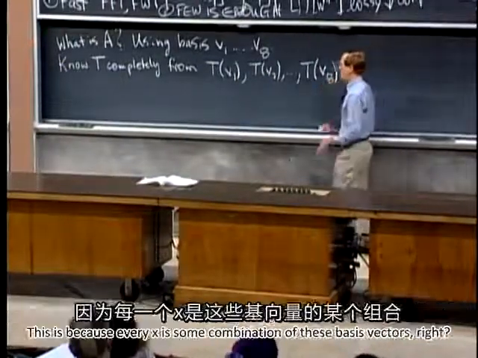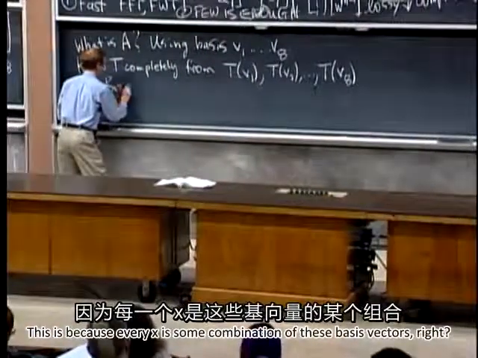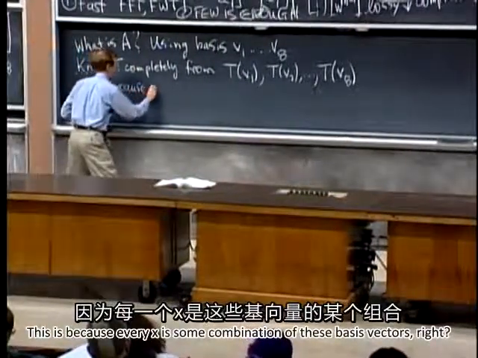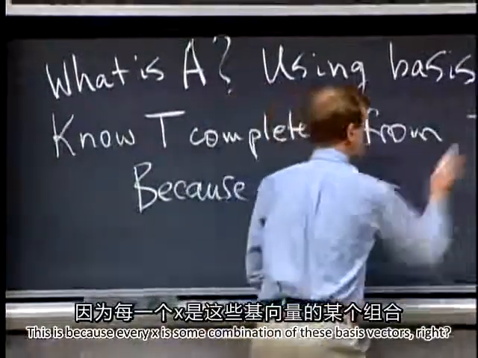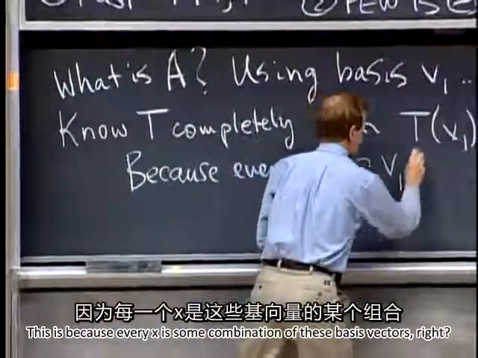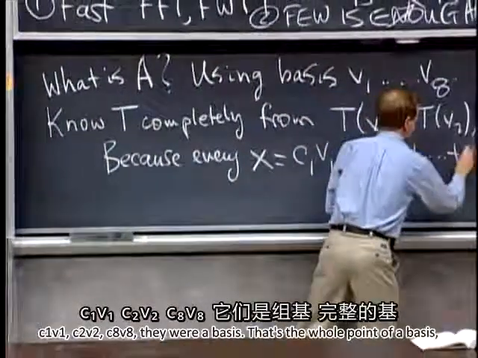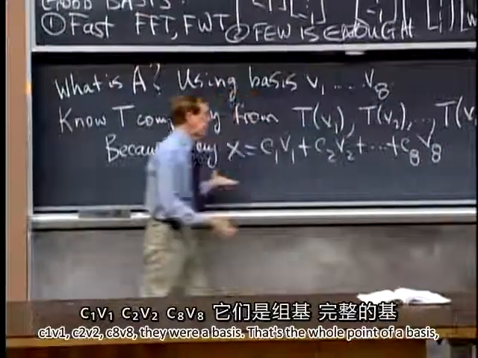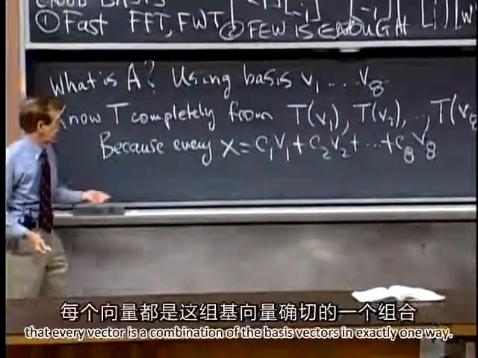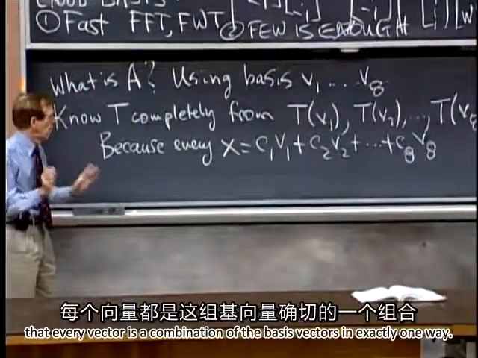This is because every x is some combination of these basis vectors, right? C1 V1, C2 V2, C8 V8. They were a basis. That's the whole point of a basis, that every vector is a combination of the basis vectors in exactly one way.